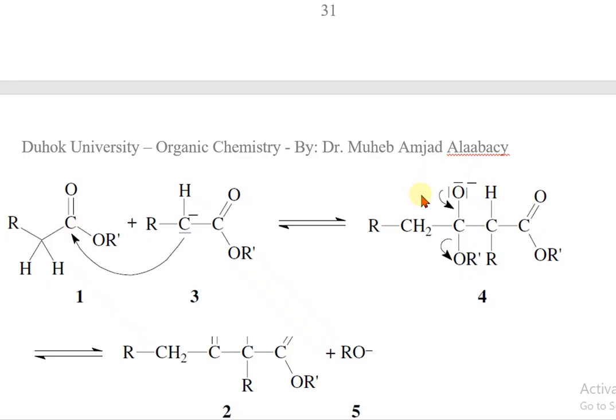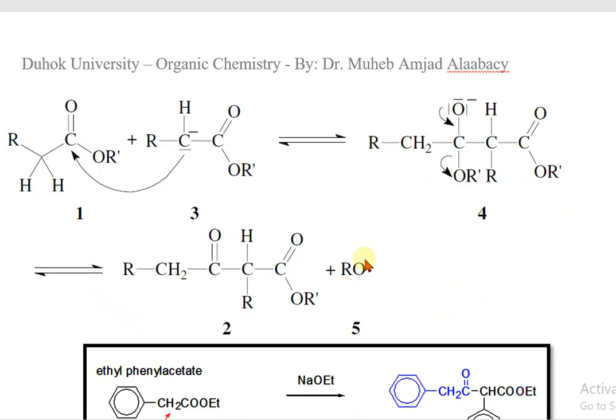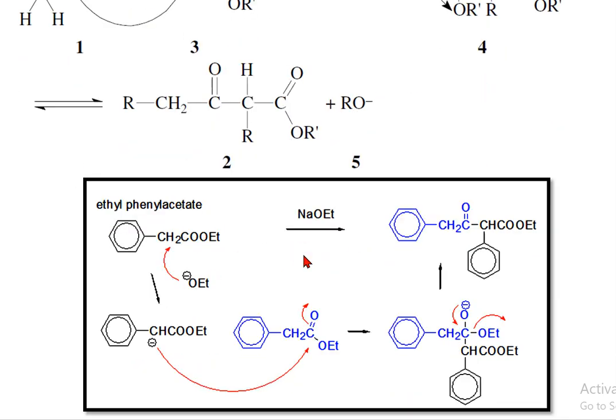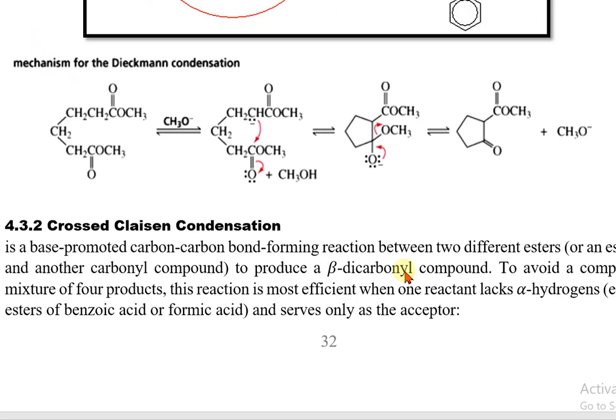Now we have a negative charge on the oxygen, which makes a double bond, and OR leaves as the leaving group, as an alcohol or a base, giving you the beta-keto ester. The same thing happens here: this compound reacts with itself, the carbanion adds, and the leaving group leaves the structure to give you the product.